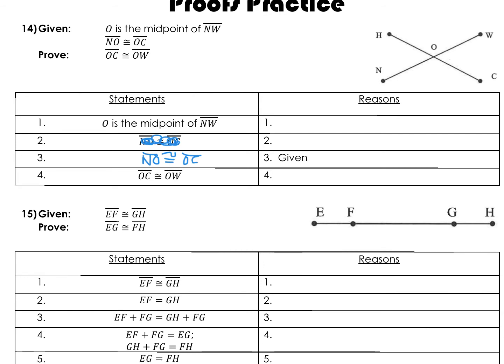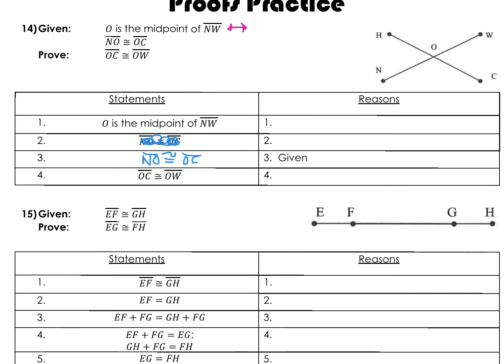Since O is a midpoint of NW, remember we should be able to conclude if and only if, based upon all of our work with the midpoint so far, and we just did one that had a midpoint, right? On number 11, right?